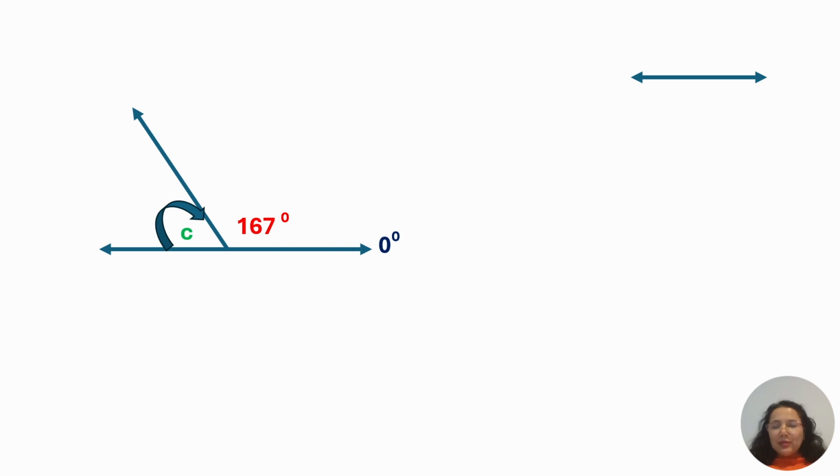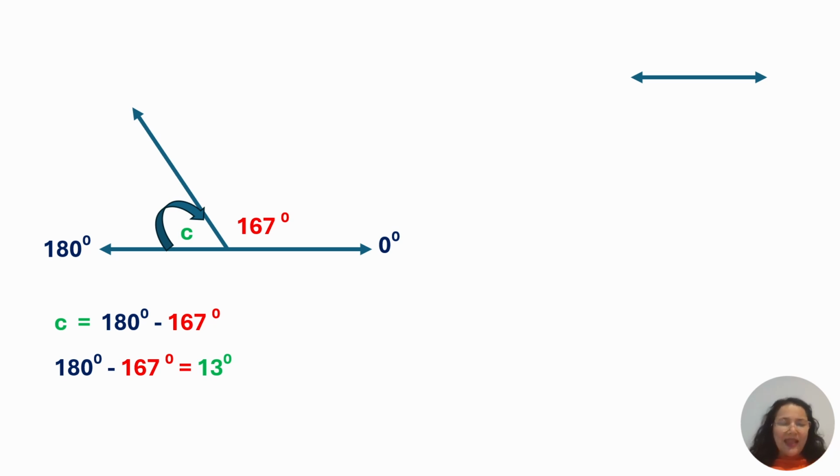So we started at 0 degrees, we moved to 180 degrees and we want to calculate the balance. And we know the whole straight line is 180 degrees. So we say angle C is 180 degrees minus 167 degrees, which is going to give us 13 degrees. Doesn't look like 13 degrees, but let's just assume it's 13 degrees. Okay, right. So now we say angle C is 13 degrees.